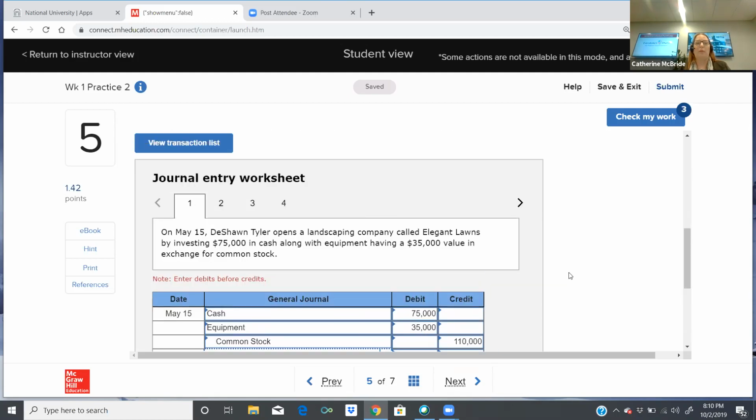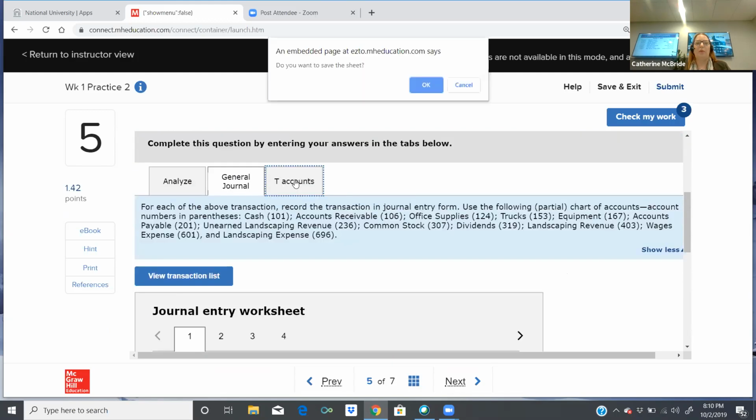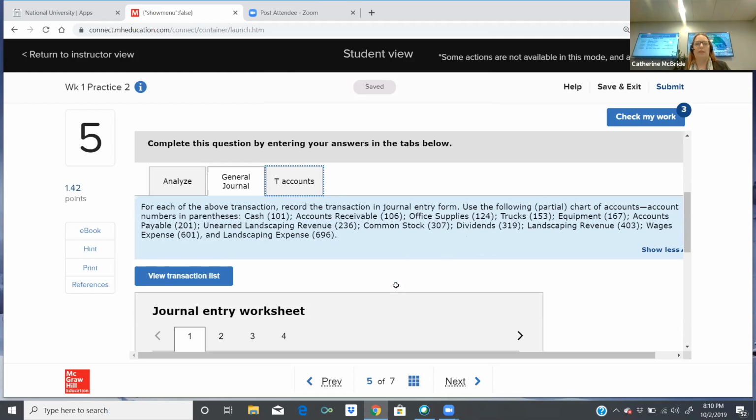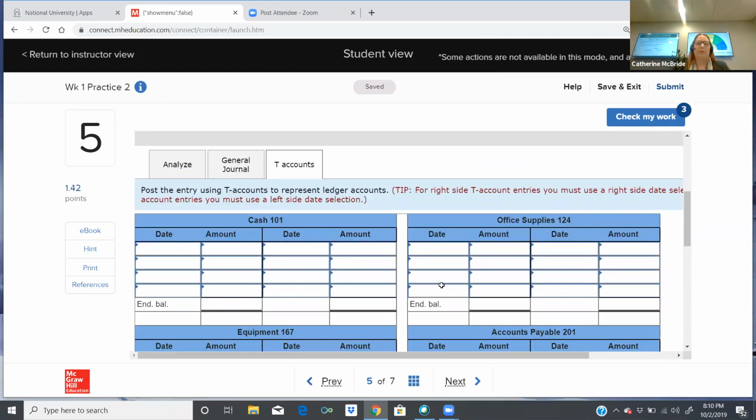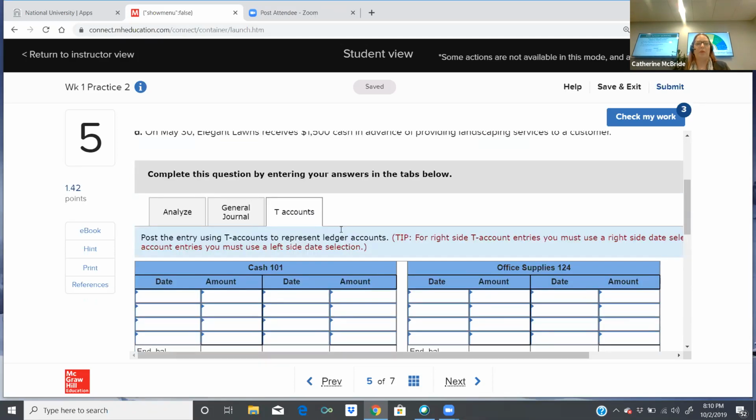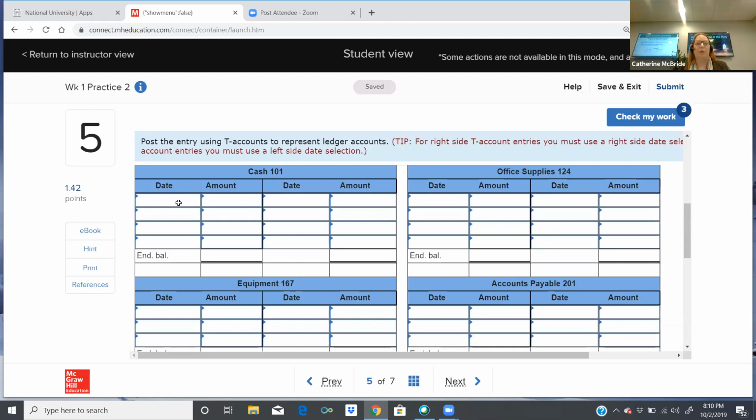Now, there's one more step here. We're going to go to the T accounts. Okay, we're going to put the date. What was the date? May 15th. So we're going to put 5/15.